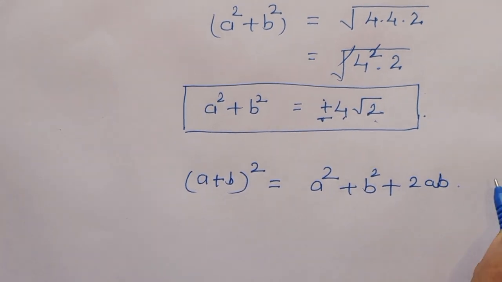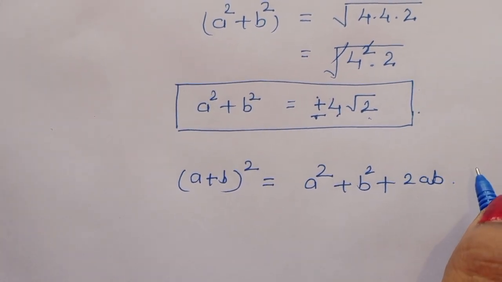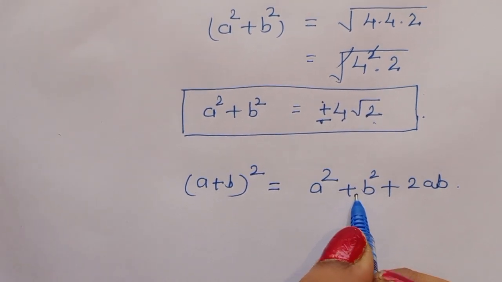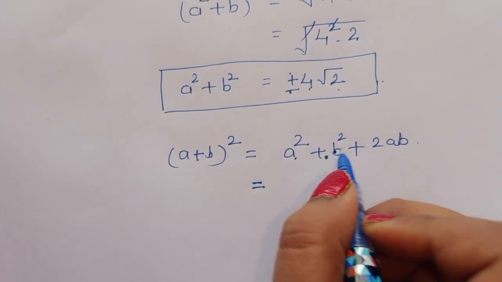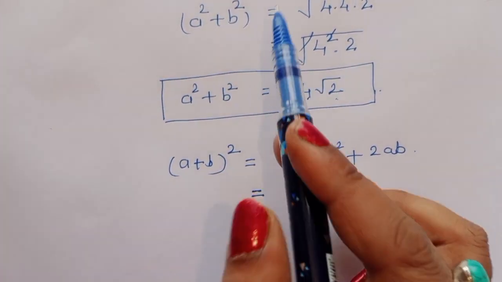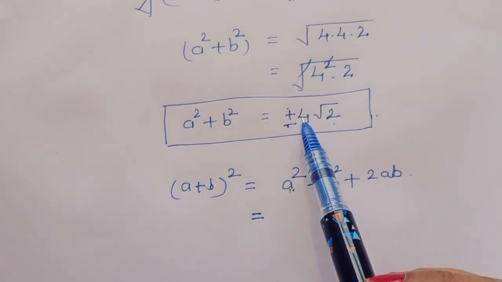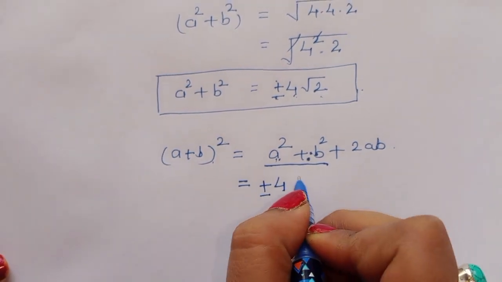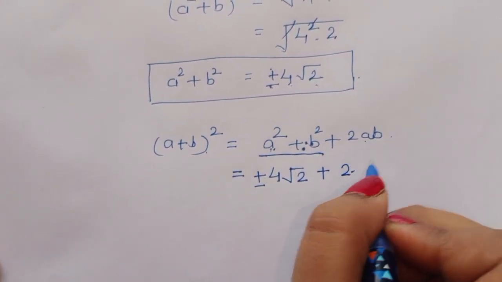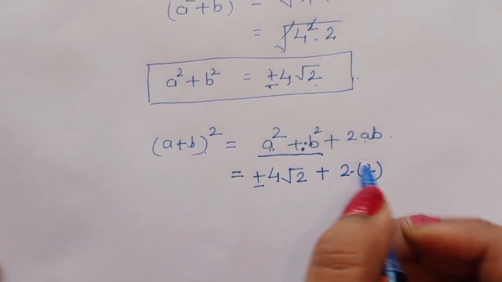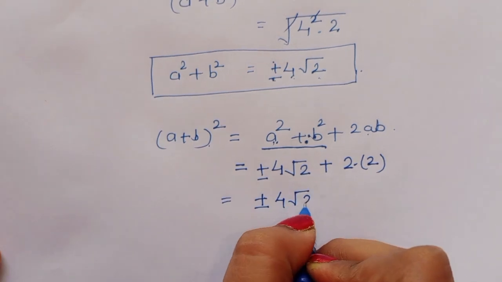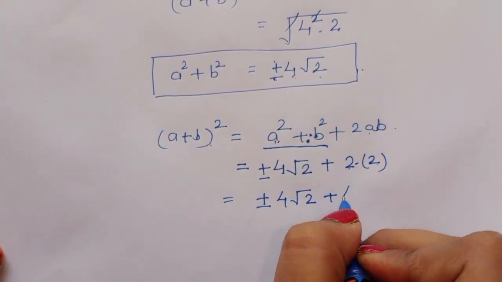Now the value of a square plus b square is plus minus 4 square root of 2, plus 2 times ab, where ab is 2, so 2 times 2 is 4.